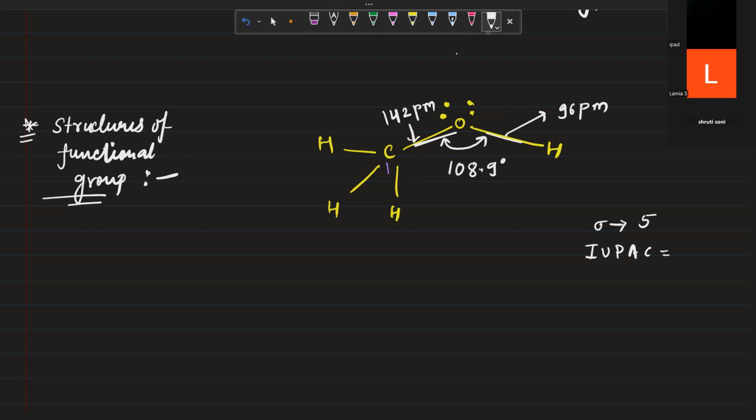Two. No, we don't need to give a number to oxygen. Oh, is it only carbon that you're considering? Okay, my bad, sorry, I misunderstood. I thought it was with any atom, any element. So that would just be one. Oh, okay.